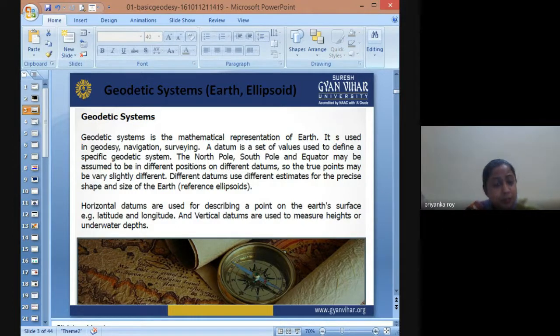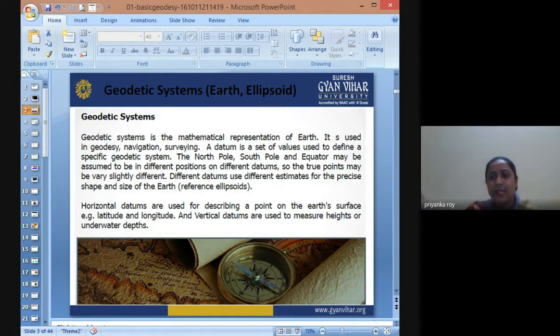Different datums use different estimates of the precise shape and precise size of the Earth. They are called a reference ellipsoid. So the different datums used to estimate the precise size and shape of the Earth are called a reference ellipsoid.